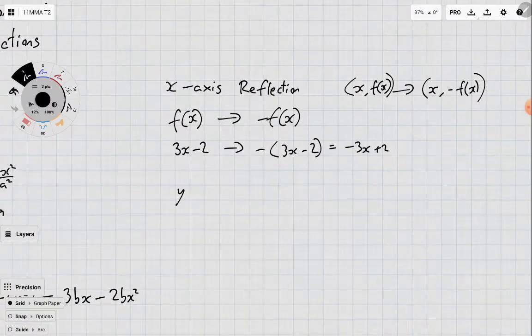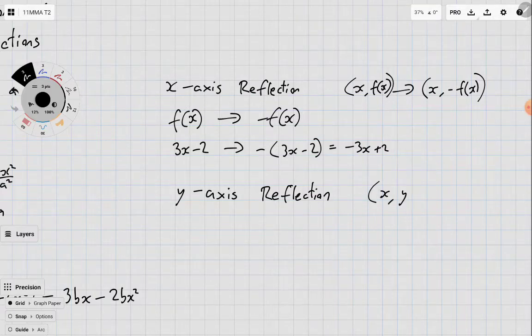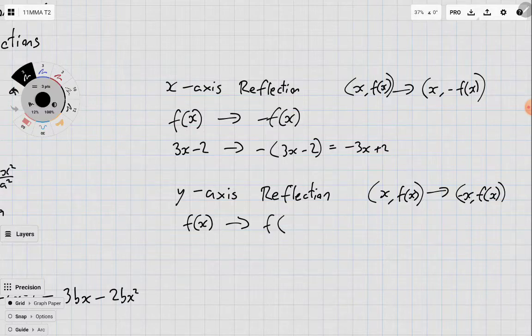And for the y-axis reflection, from our work last lesson, we saw that x comma y becomes negative x comma y. Change that y to an f of x because we're using function notation. And now we can see that in f of x, the x is the thing that changes, so it becomes f of negative x.